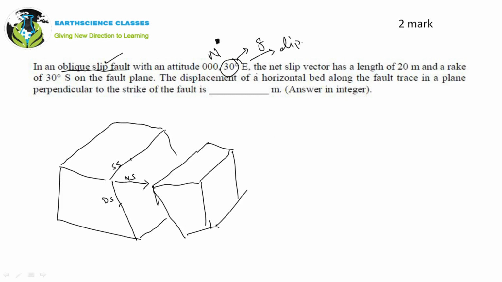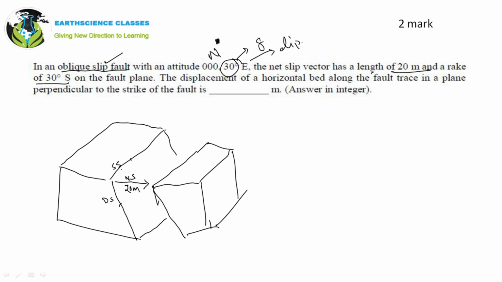Then the net slip vector has a length of 20 meter. So net slip is given, 20 meter, and a rake of 30° south.